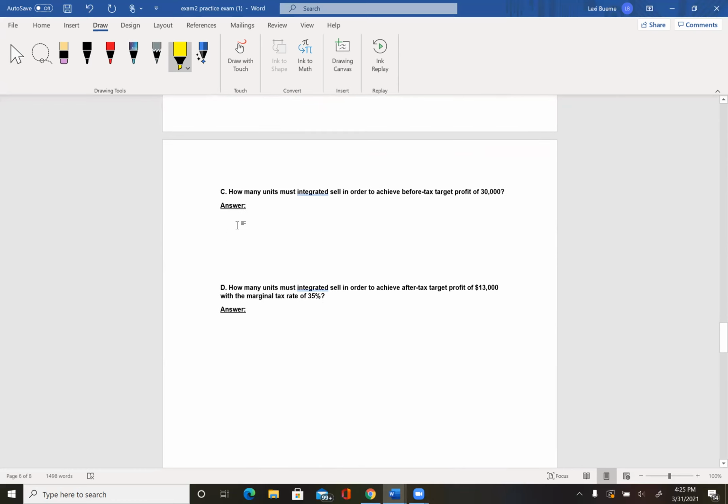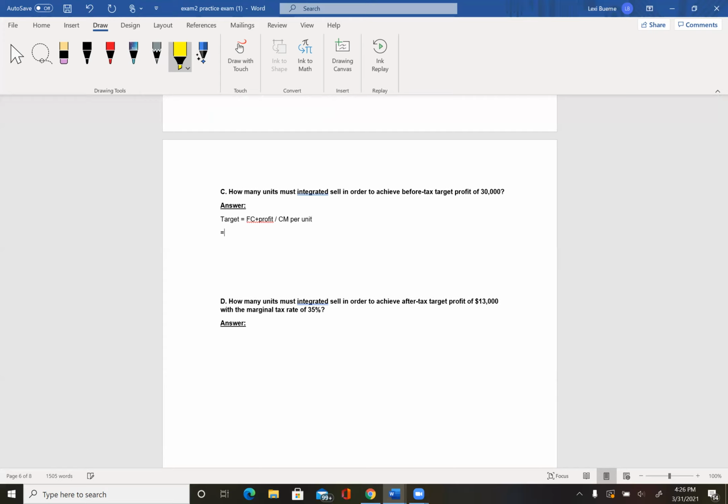And now, how many units must the company sell in order to achieve before tax profit of 30,000? To find that, your target formula is going to be fixed cost plus your profit divided by the contribution margin per unit. So you're going to start with your fixed costs.